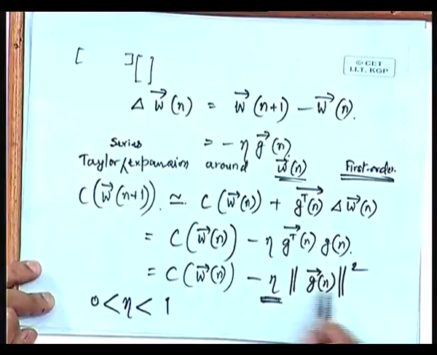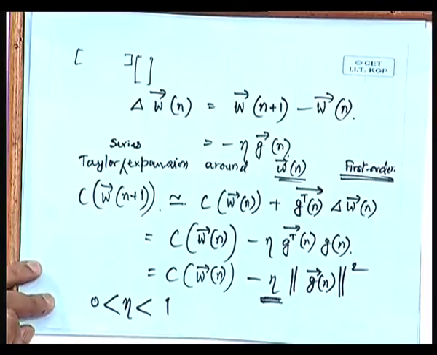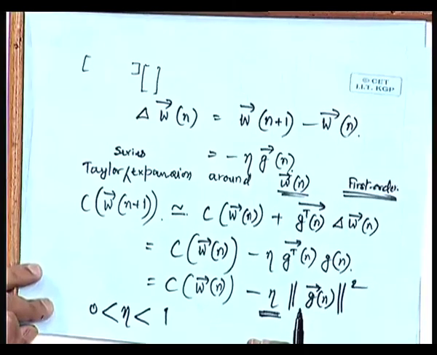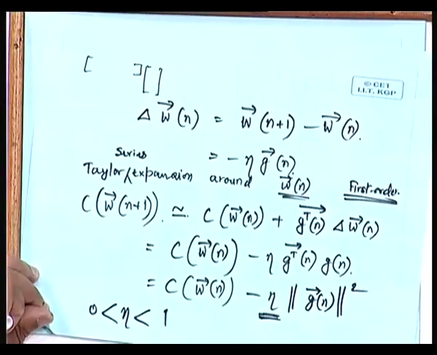If you make eta very large, it will go beyond that and you will miss the minima. Then once it comes back, it will again try to go in the minus of gradient direction, try to go to the minima, and possibly this time also it will cross that point. So, it will be followed by overshoots and undershoots.